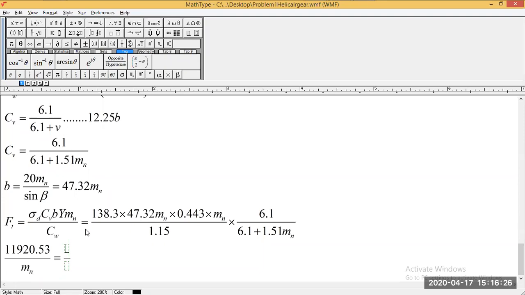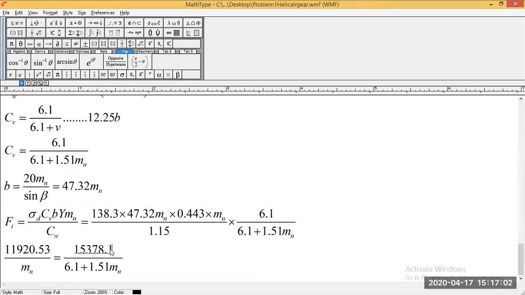This answer I can divide by 1.15, which gives me 15378.1 over 6.1 plus 1.51 mn.